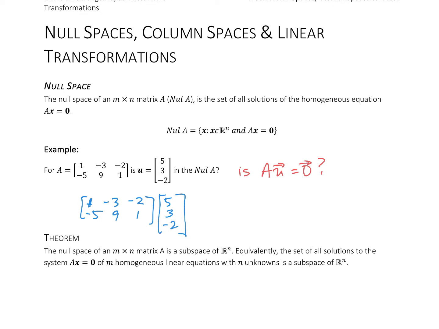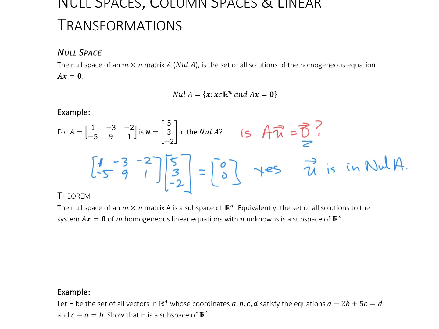Pause here if you want to, but fun fact, we get 0, 0, so yes, u is in the null space of A because it is a solution to that homogeneous equation.